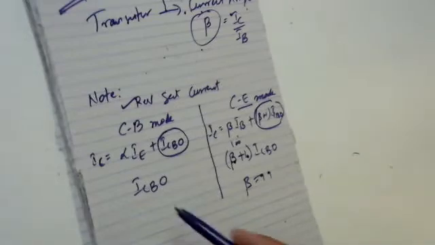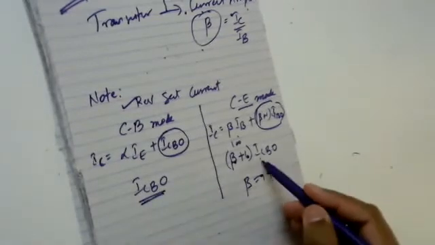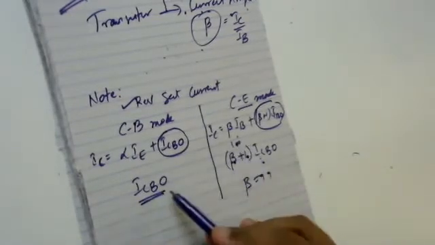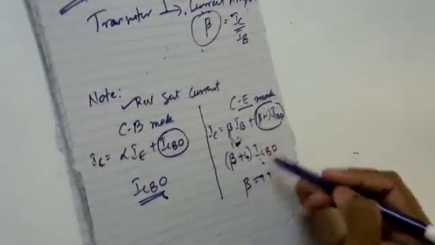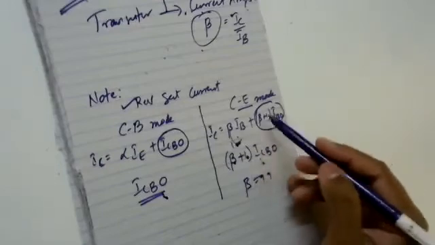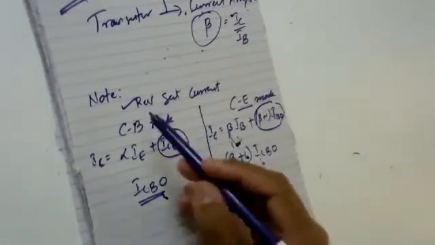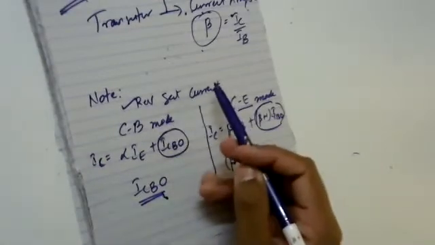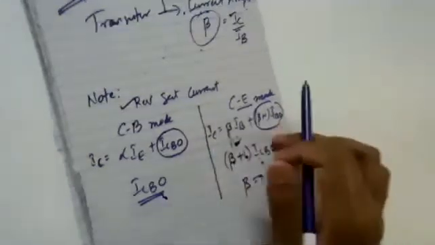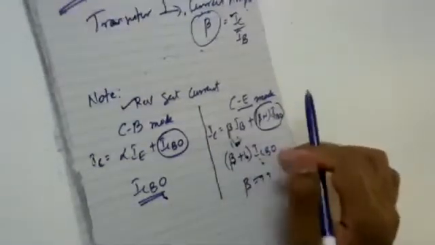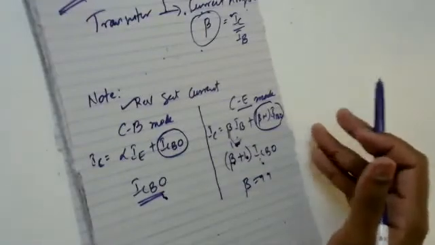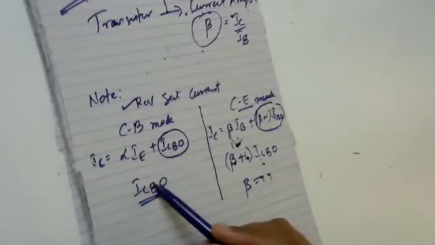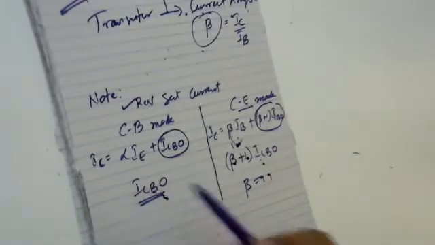It simply means this is also ICBO, but this is 100 times that value. So your common emitter mode is going to have a higher value of reverse saturation current compared to your CB mode. Is it clear to you?